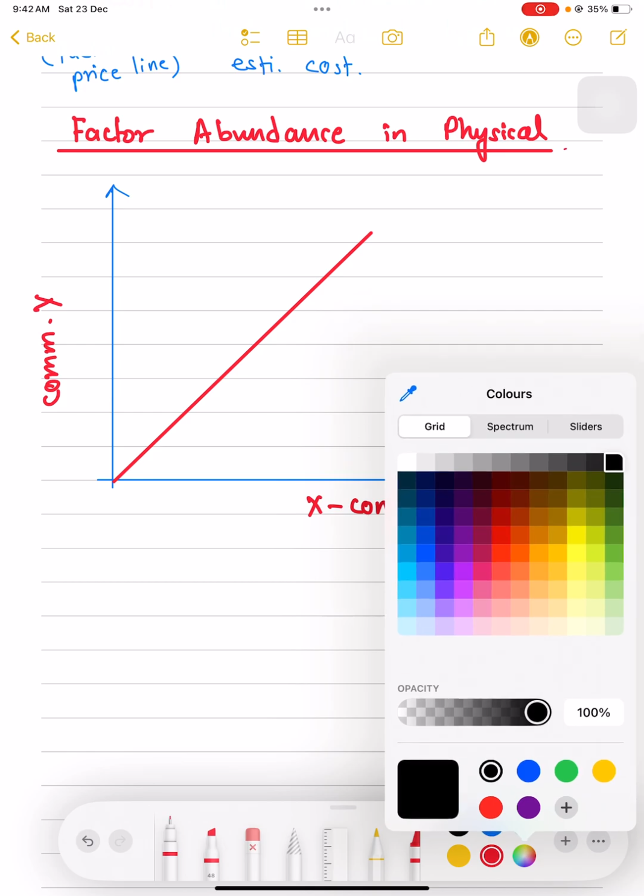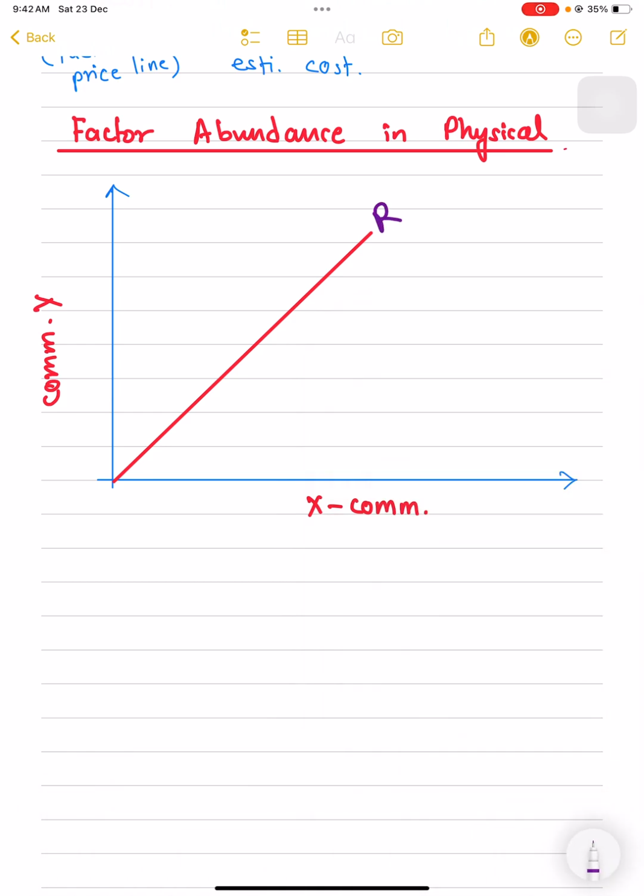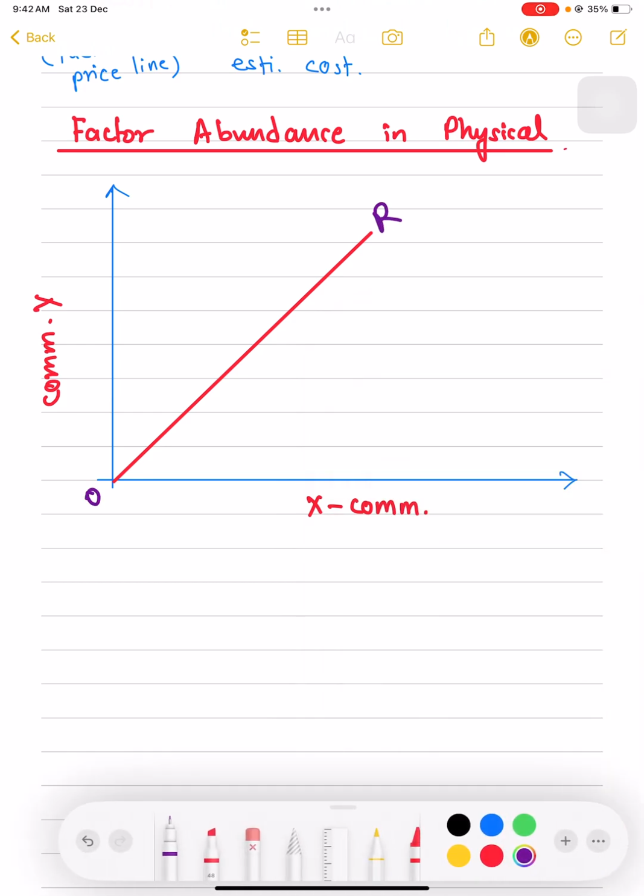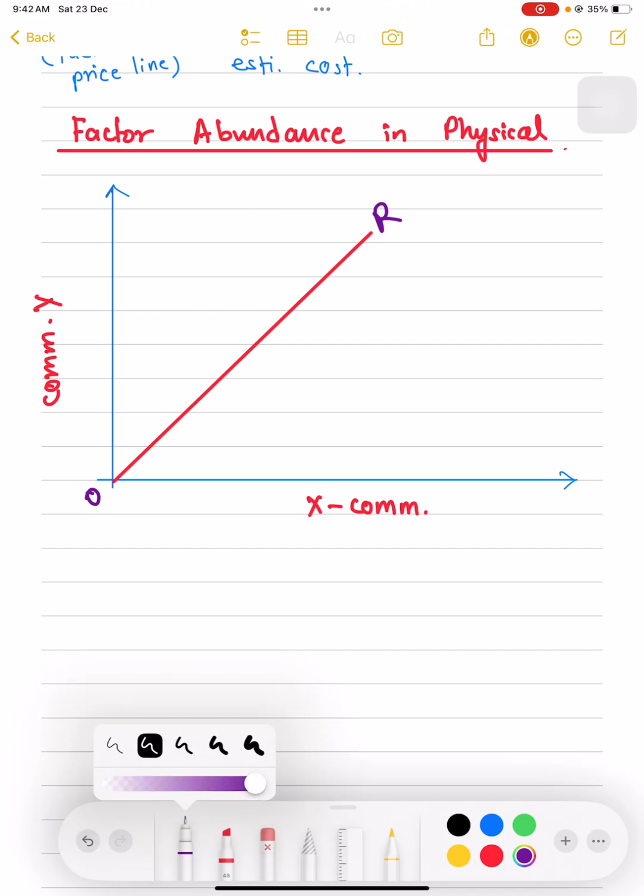Okay, now the OR line shows a 45 degrees line, means what?